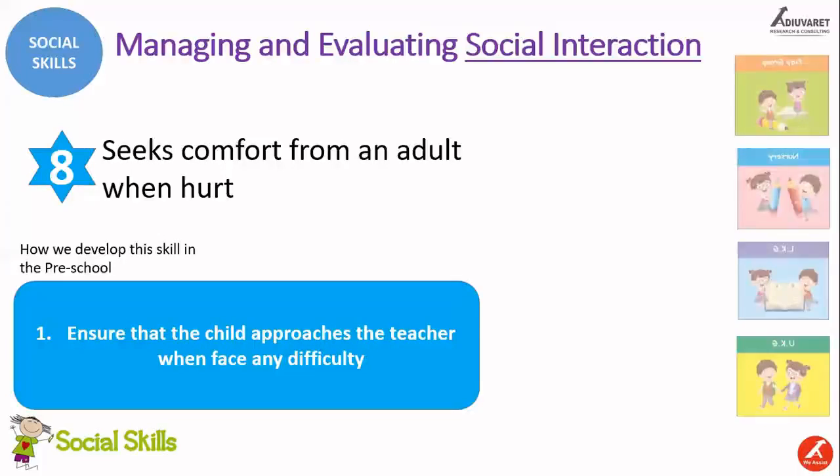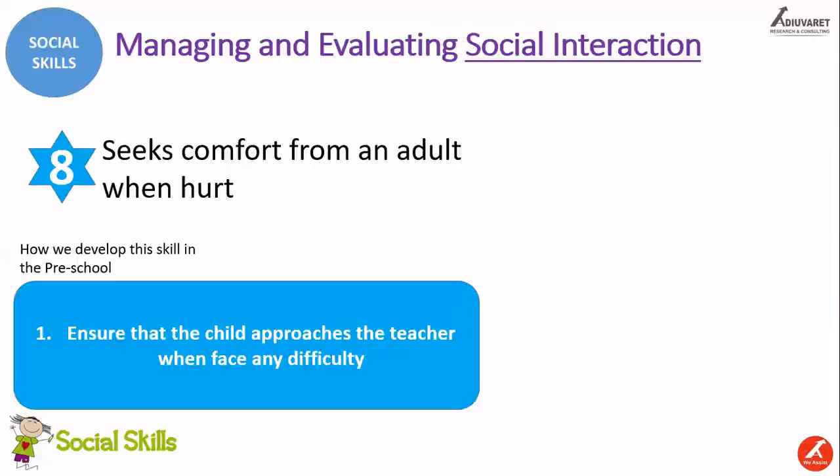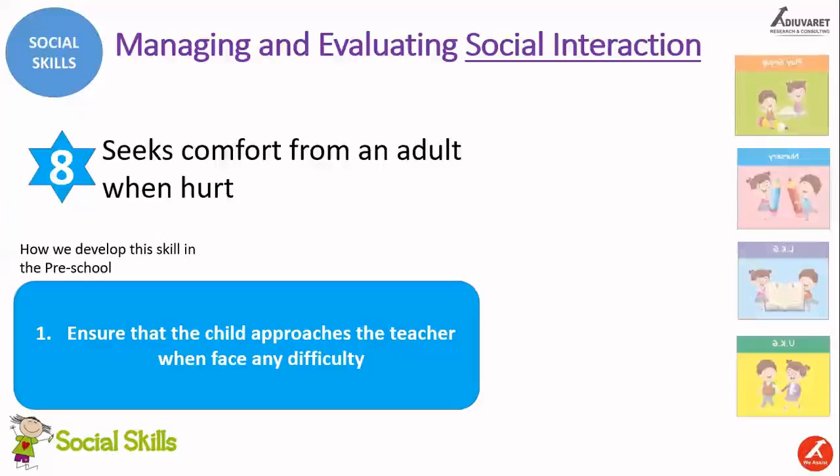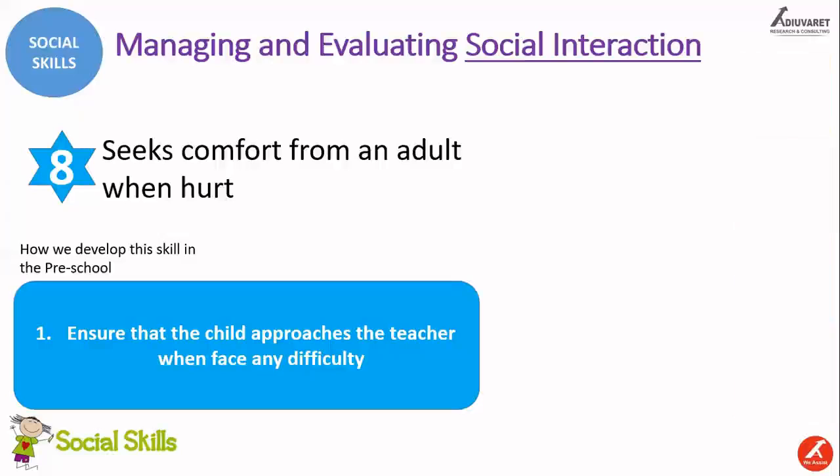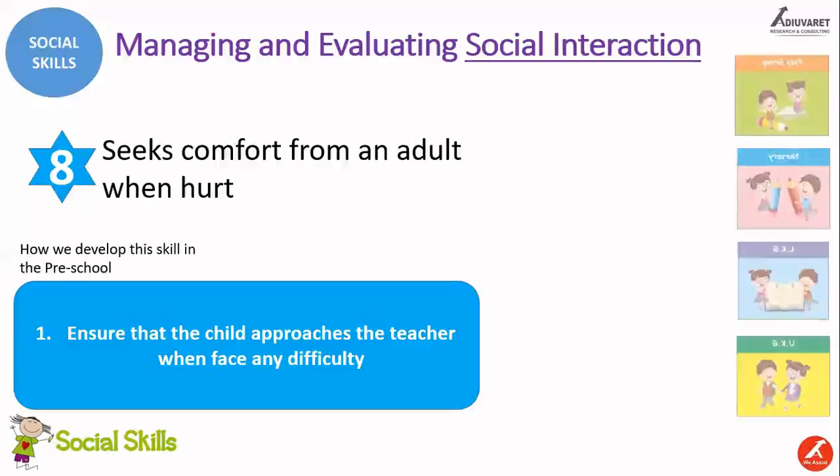We can create one activity which has a lot of hurdles. In that case, the child is expected to reach out to the teachers to provide that support. The same can happen in various other games in the school.